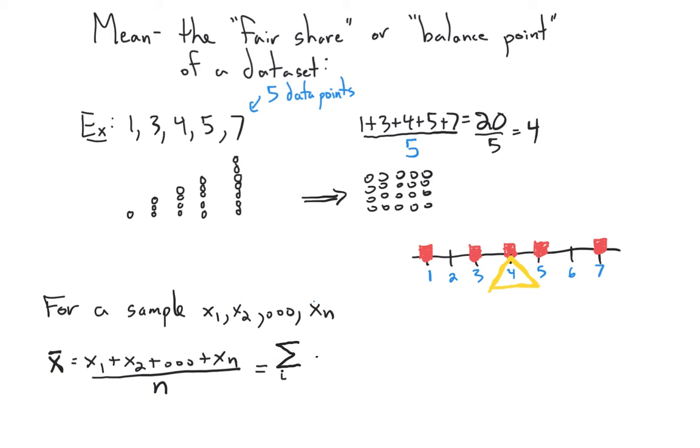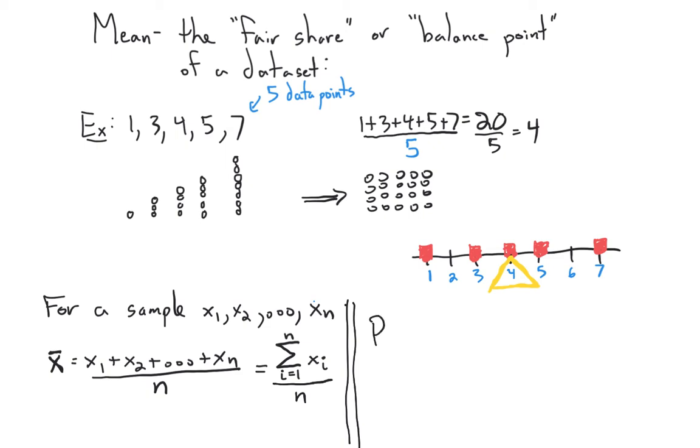So I'm adding up a bunch of these xi's, and i goes from 1 to n. So this means the same thing. The sum of xi as i goes from 1 to n, that's exactly this here. So I want to divide that by n. So if we have a sample of n data points, we write it as x bar, and we calculate it the way that you expect. Add up all the data points, divide by the number of data points.